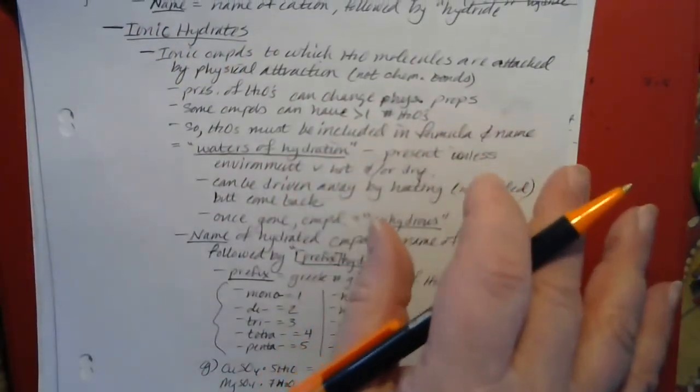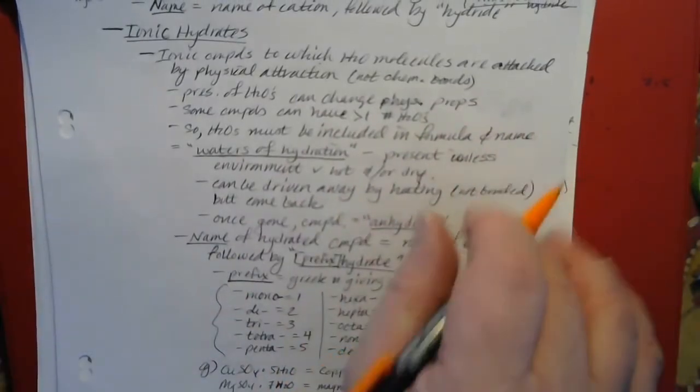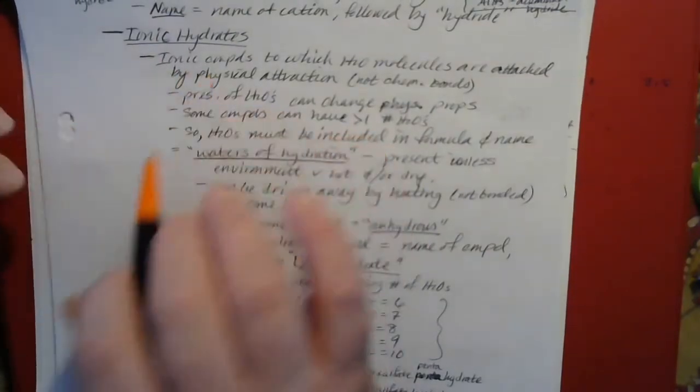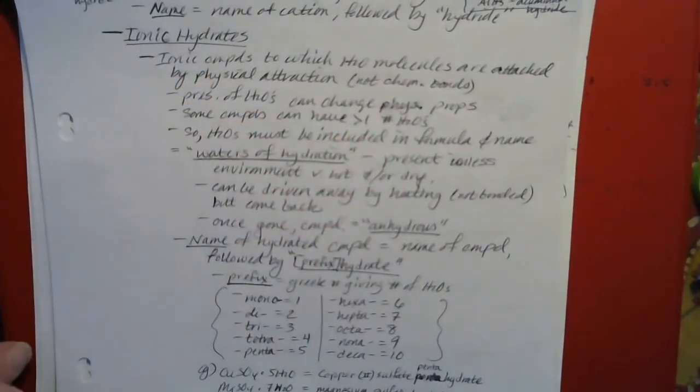Hydrates refer to water. And hydrogen, in fact, got its name from the fact that it's involved in water. Hydro is the Greek word for water. Ionic compounds to which water molecules are physically attracted are known as hydrates.